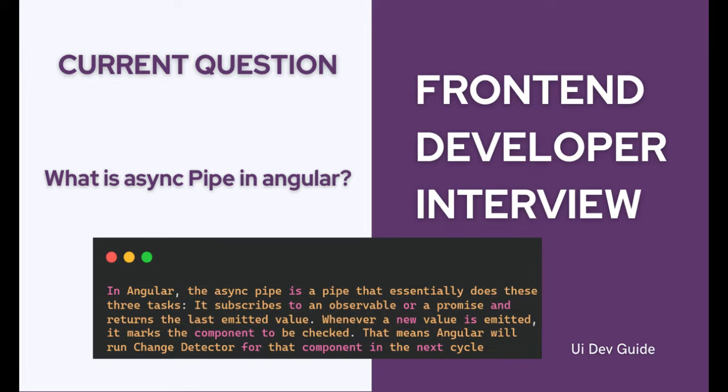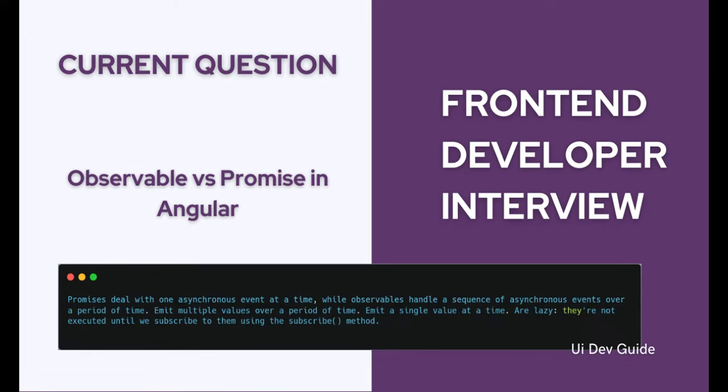Okay. So what is the difference between observable and promise? Promises are something which just emit a single event at a time. Like if you want to hit an API which is giving some JSON, it just works on resolve and reject. If it gets the JSON, it would give it to you and just get killed.